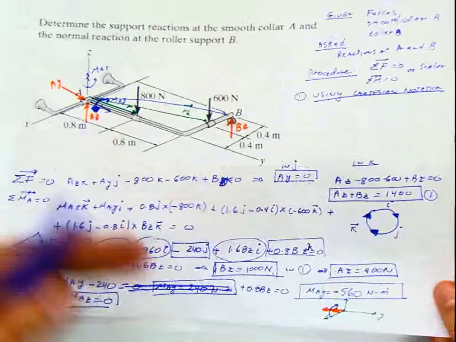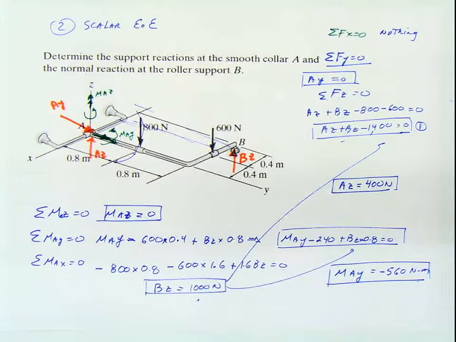It looks like this has a lot more work to do. And that's true, because some of the considerations that the cross product does over there, I'm doing by thinking about the direction of the rotation. So this is the second problem that I wanted to bring for you regarding 3D support reactions. Have a nice day.